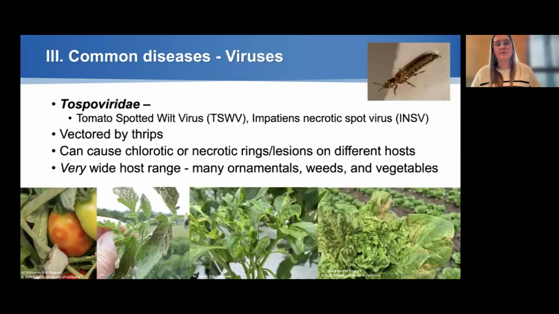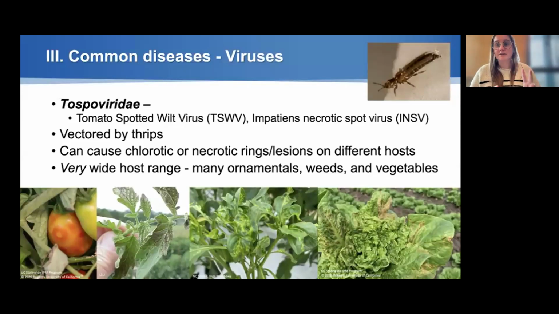Some of those more common ones are two viruses from the Tospoviridae group. These include tomato spotted wilt virus and Impatiens necrotic spot virus. These two viruses are vectored by thrips, and they can cause a wide variety of symptoms, but generally speaking, you'll get chlorotic and necrotic lesions or rings on different host species. Sometimes you'll get these concentric circles, like on the fruit on the far left.